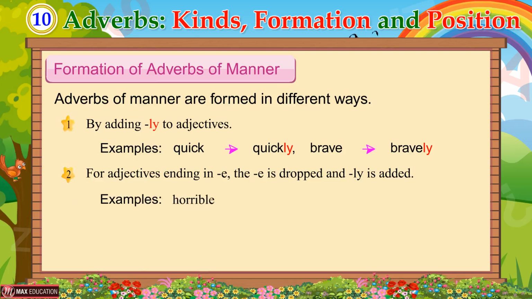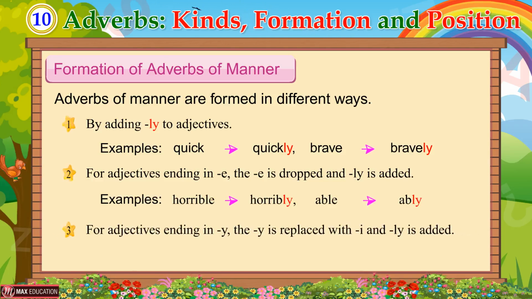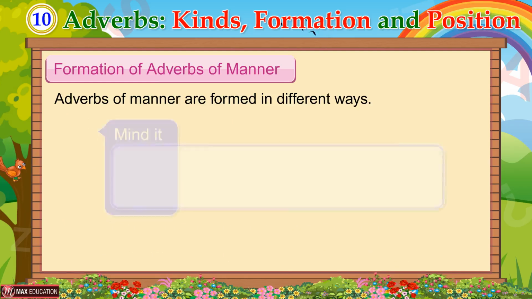Examples: horrible, horribly; able, ably. 3. For adjectives ending in y, the y is replaced with i and ly is added. Examples: shaky, shakily; merry, merrily.